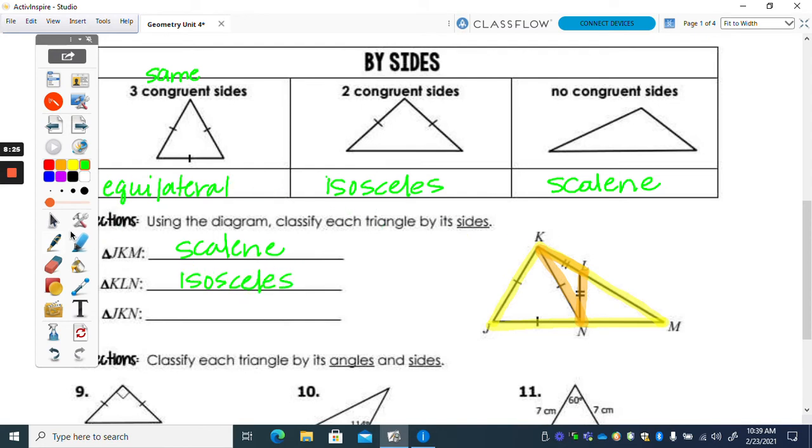And then finally, we want to look at triangle JKN. Does JKN have any sides that are the same length? How many? All 3 sides are the same length, so it is an equilateral triangle.